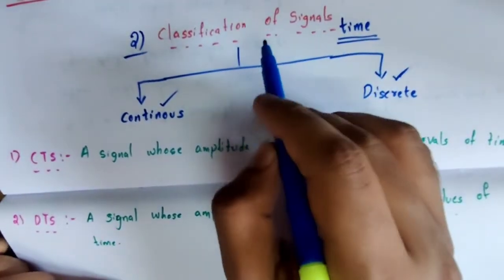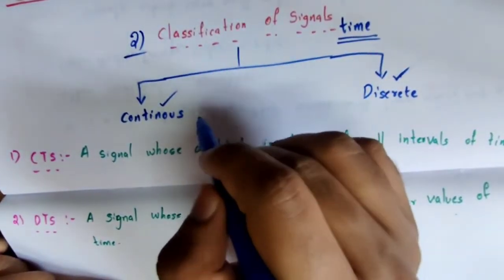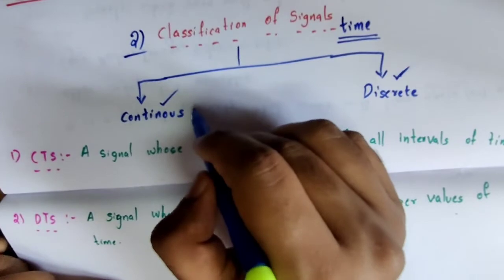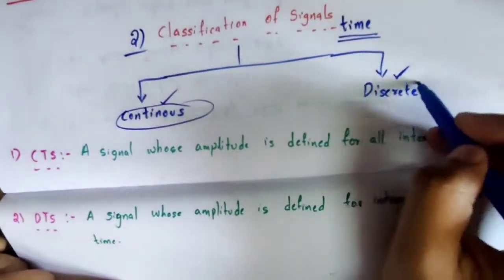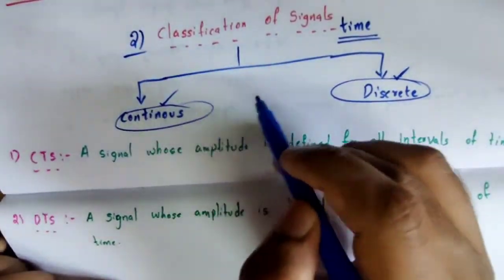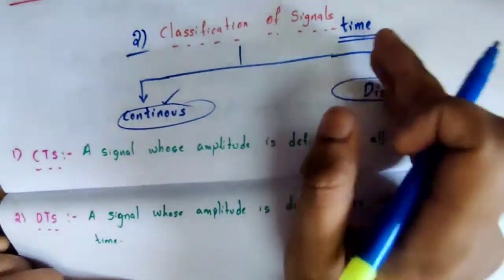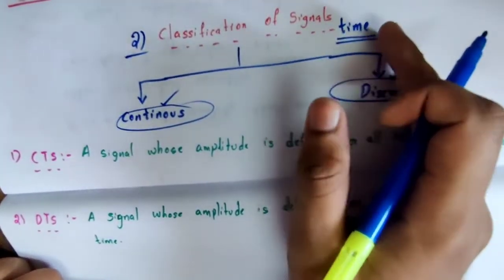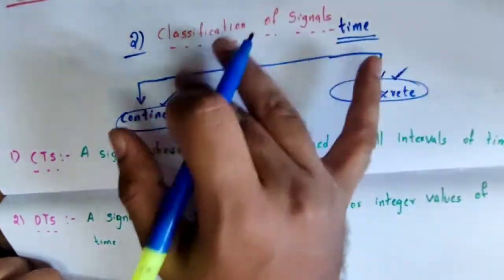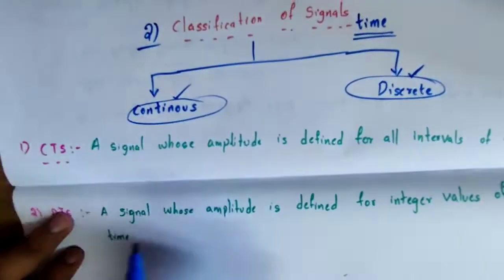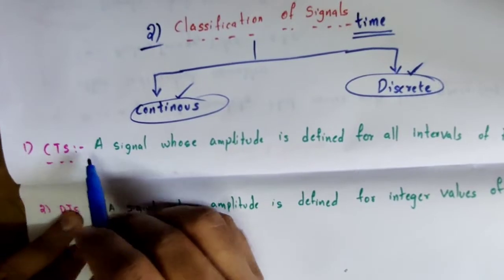So whenever I am saying classification of signals, you must know that these are continuous time signals and discrete time signals. So I need not mention time separately. As you know, only one dimensional signals whose independent variable is time, those only we would be studying here. Okay.